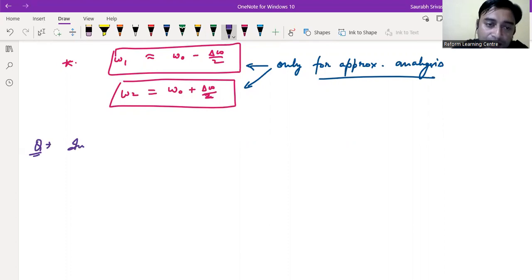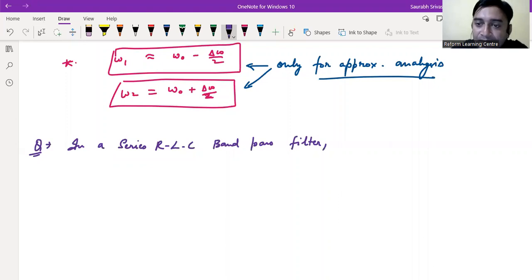There is a question. In a series RLC band pass filter, R is equal to 2 ohm.